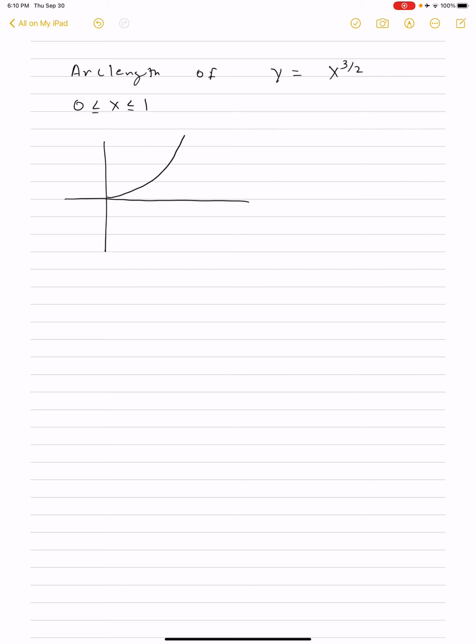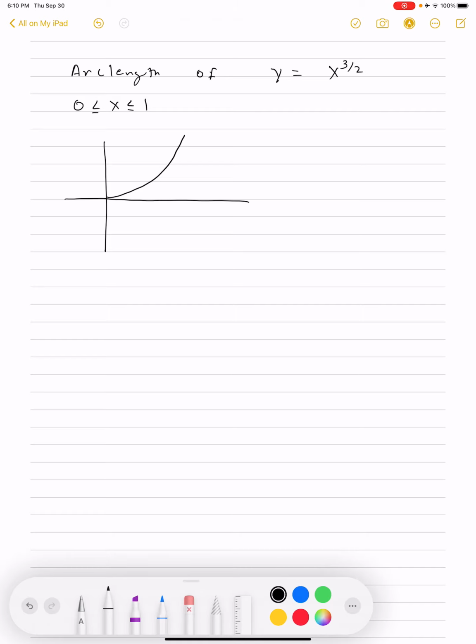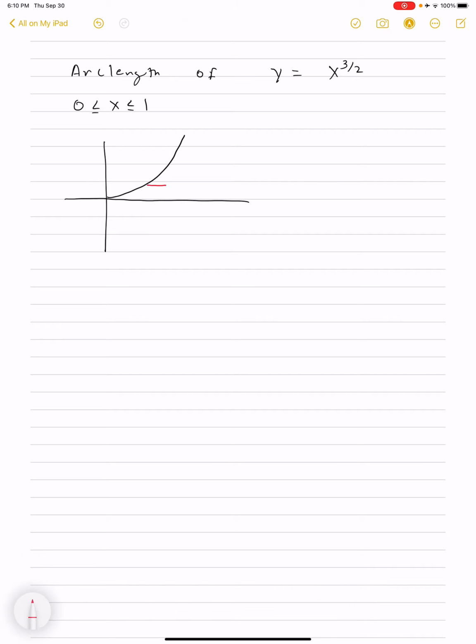So let me illustrate this idea. If I divide up this function into a small little chunk in x and a small little chunk in y, after all, that red length representing the change in y is the change in the function with respect to a small change in x.